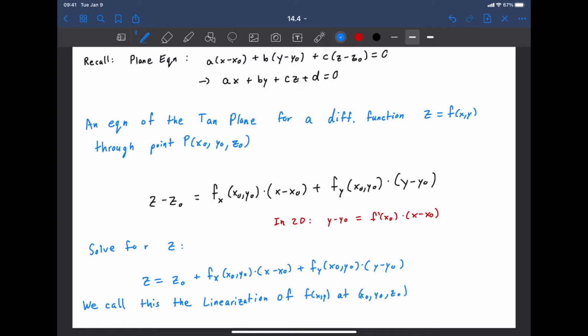Sometimes we'll call it L of xy. Okay, just to symbolize it's a different function with two variables, two inputs, and one output.